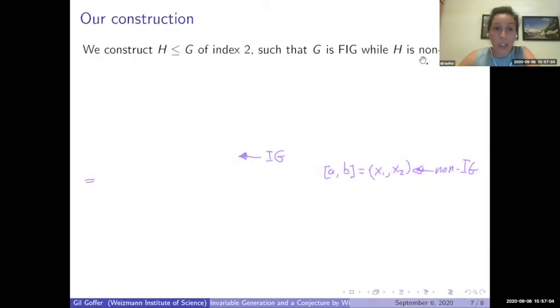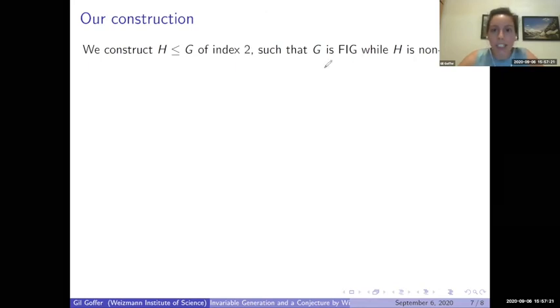So what we did is we constructed a group G with a finite index subgroup H. It's not only finite index, it's actually an index 2 subgroup, such that H is non-IG and G is IG. Just before I sketch the construction, this gives a negative answer to both questions.